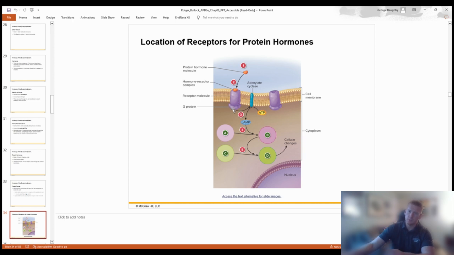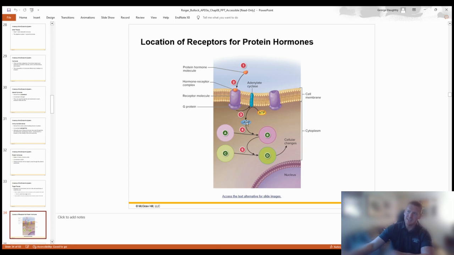That G protein relies on adenylate cyclase, which is an enzyme that initiates the action of the G protein. The combination of the two will then be that secondary messenger system. That G protein activation from adenylate cyclase will then yield some energy, but will initiate our cAMP pathway.